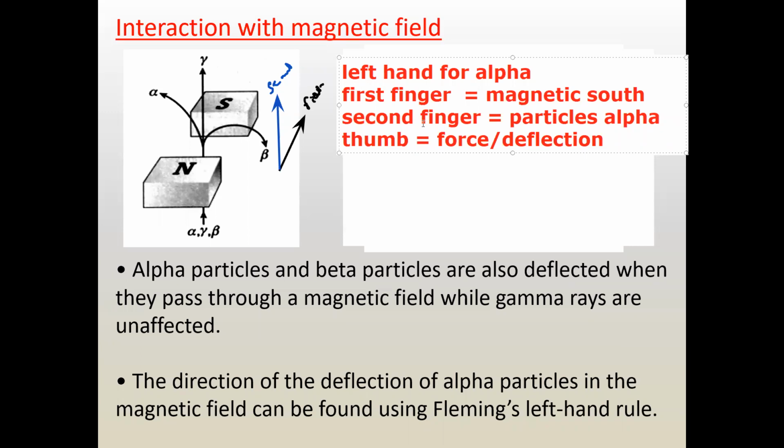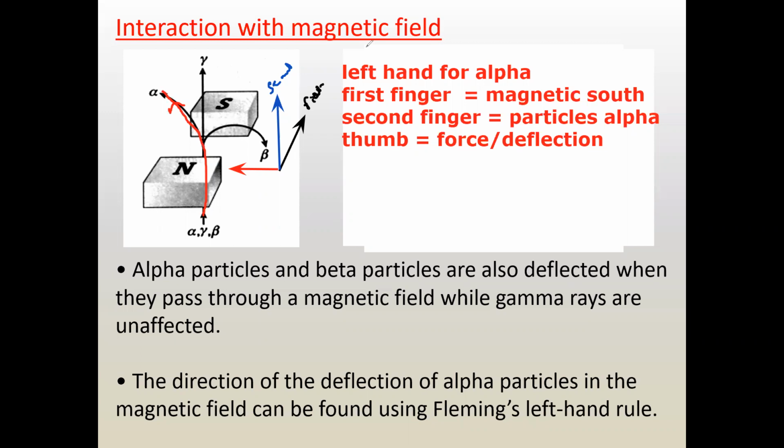So whenever we are finding for an alpha particle, the first finger points towards the magnetic field, the second represents the direction of the particle, and the thumb automatically represents the direction in which the particle experiences the force. So in this case, the alpha particle will experience the force on the left hand side, so it will move towards the left hand side.